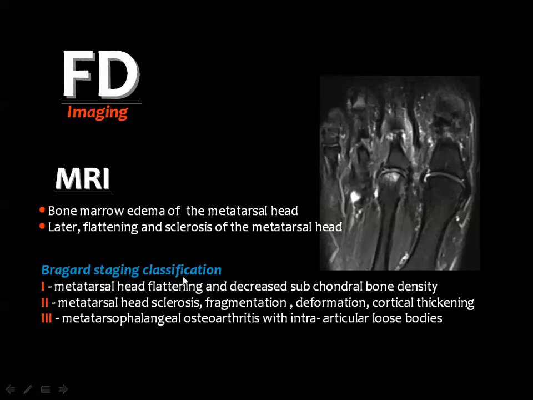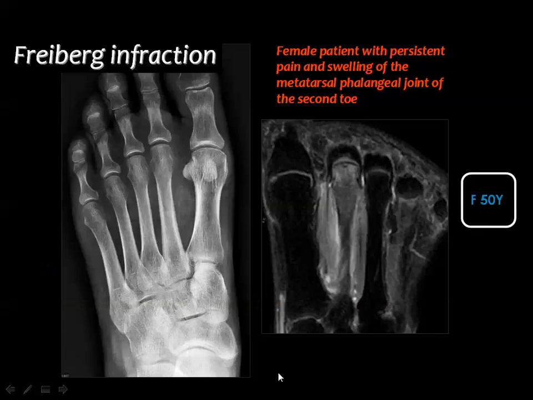This is the classification provided in the literature for Freiberg disease, considering stage 1 as metatarsal head flattening with decreased subcortical bone density. Stage 2, metatarsal head sclerosis, fragmentation, and cortical thickening. Stage 3 is development of osteoarthritic changes of this metatarsophalangeal joint.